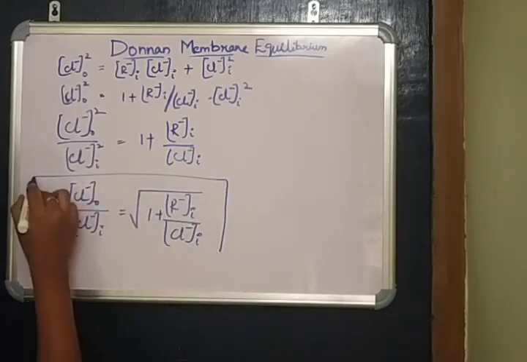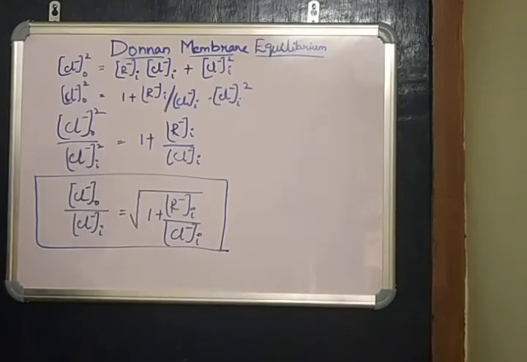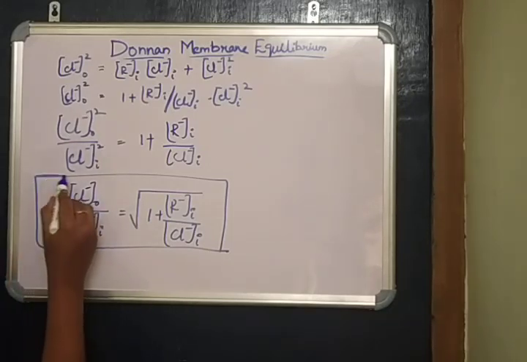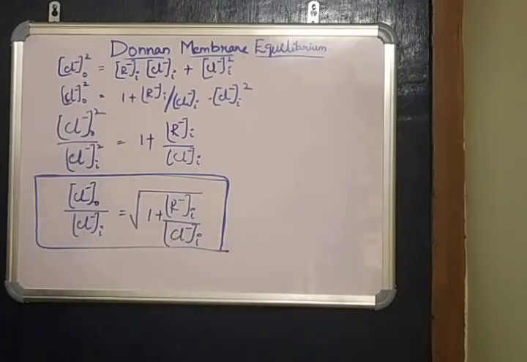This is the final expression for Donnan membrane equilibrium, and it is used for the calculation of the ratio of concentration of diffusible anions outside and inside the membrane at equilibrium. Thank you. Please like, share and subscribe to my channel.